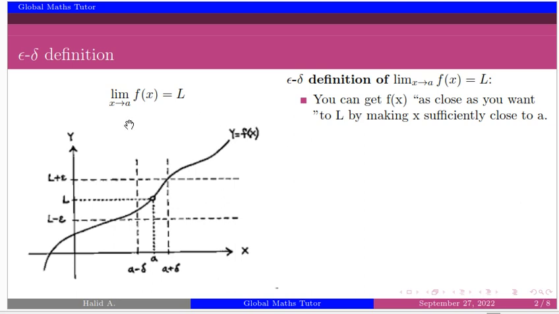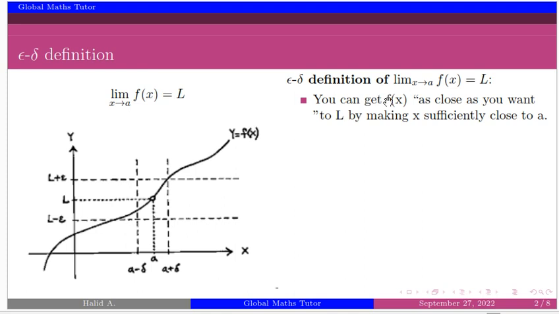As we know, when we say the limit of f of x as x approaches a is L, f of x is nearer and nearer to L as x is nearer and nearer to a, if this limit exists.